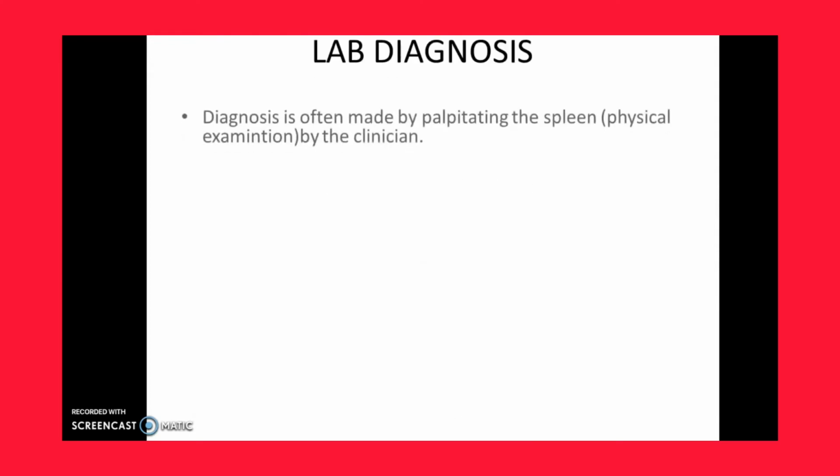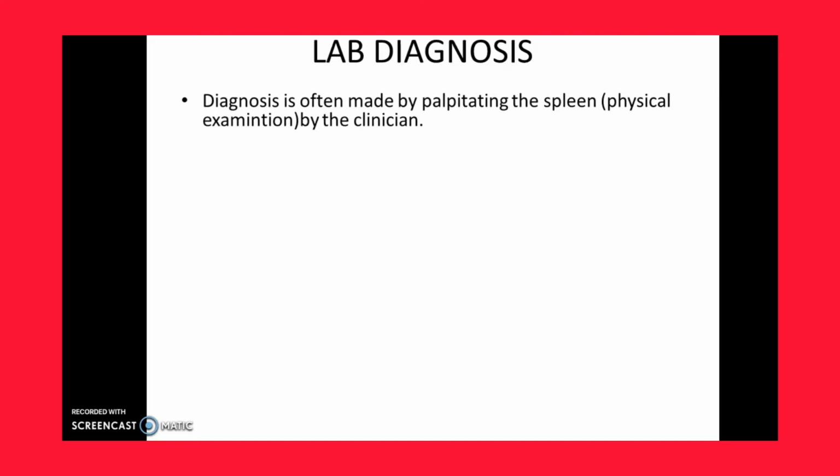The laboratory diagnosis is very important, because first of all, you may not know when the spleen is enlarged, except for probably discomfort that you may feel, a feeling that you are filled up, because it will be compressing on the stomach, and the doctor can easily palpate the spleen and know that it is enlarged.